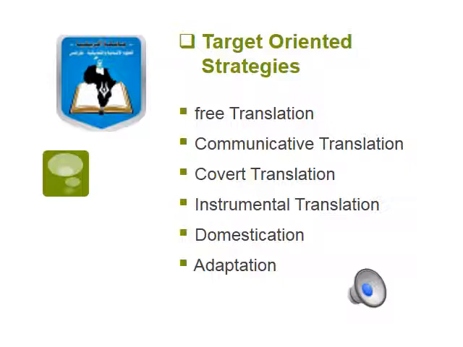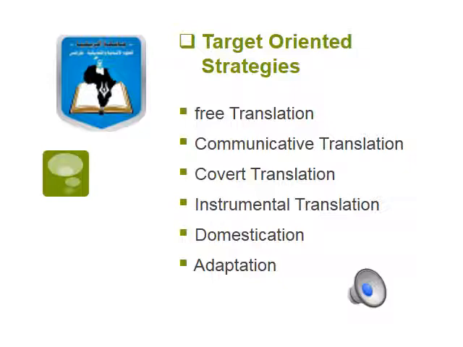Free translation is usually taken to concentrate on conveying the meaning, يعني لترسل المعنى, of the source text, ST, اللي هو نص المصدر اللغة اللي تنقل منها, disregarding the formal or structural aspects of the source text. Okay, so that's one type of target-oriented strategies.